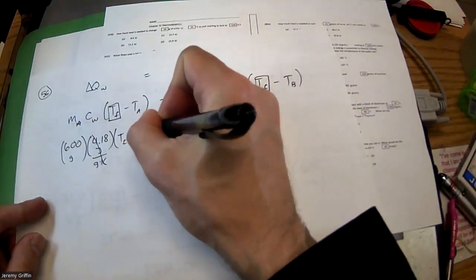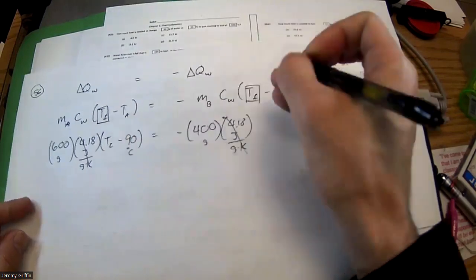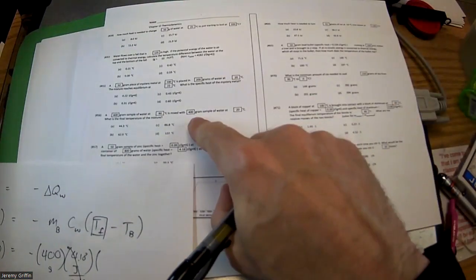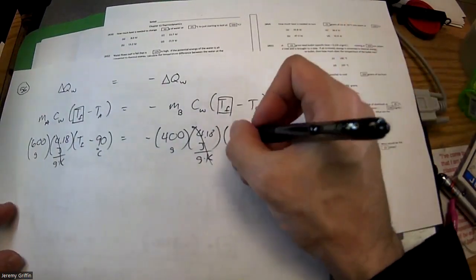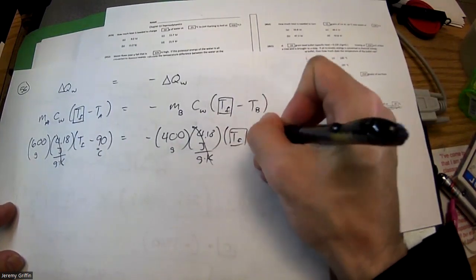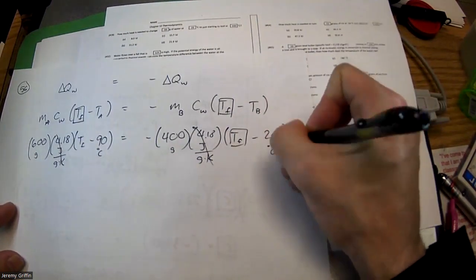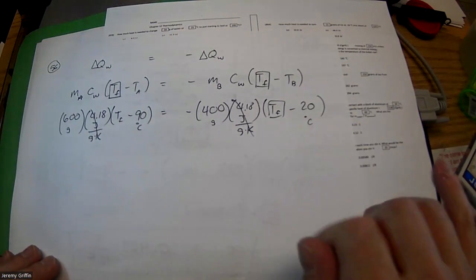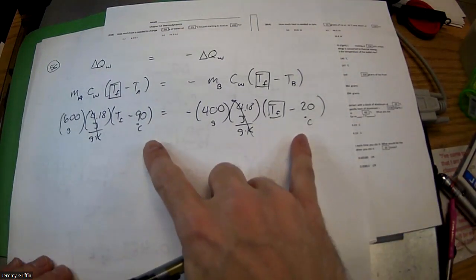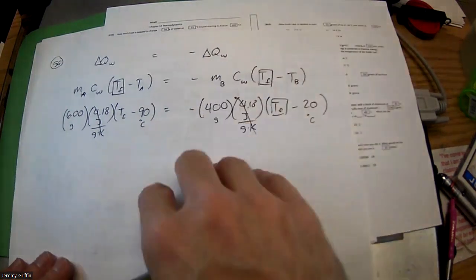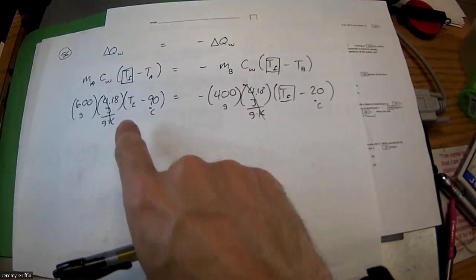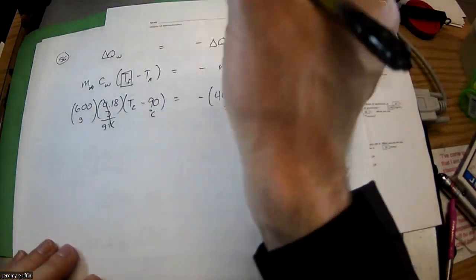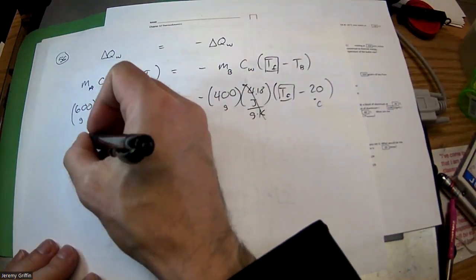Now, 600 grams started at 90 degrees Celsius, and the 400 grams started at 20 degrees Celsius. Yeah, you could convert to Kelvin if you wanted to, but I don't think it really matters. Okay, so I'll just do it like this. I'll just cross multiply them. It's distribute, I should say.